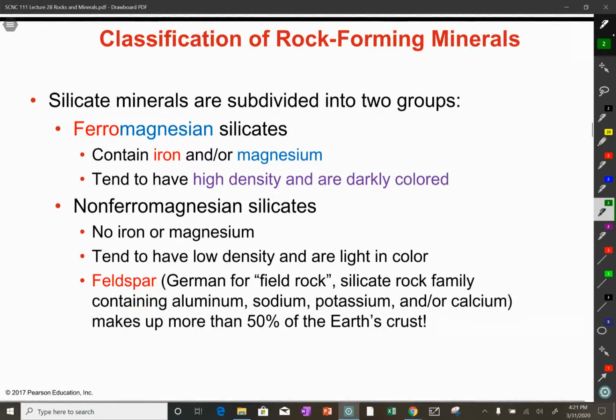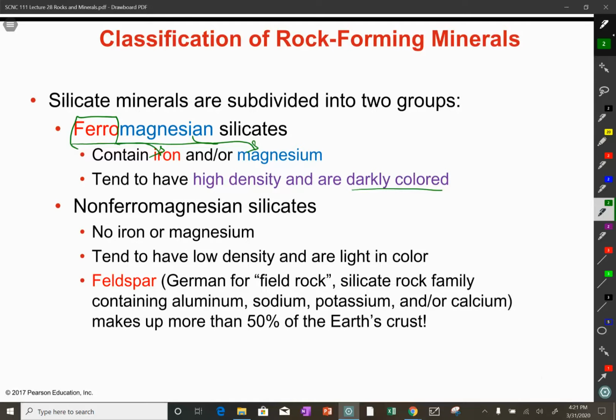Now, among silicate minerals, we subdivide into ferromagnesian. Ferro means iron, magnesium means magnesium. So these are rocks that have iron and/or magnesium. They tend to have a high density because iron and magnesium have high densities, and are darkly colored because of iron and magnesium.